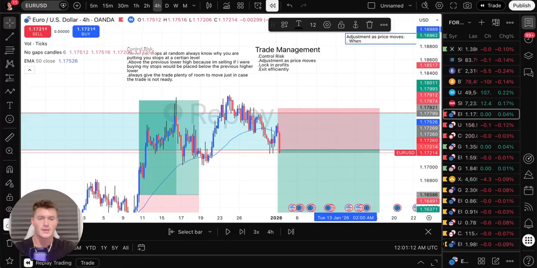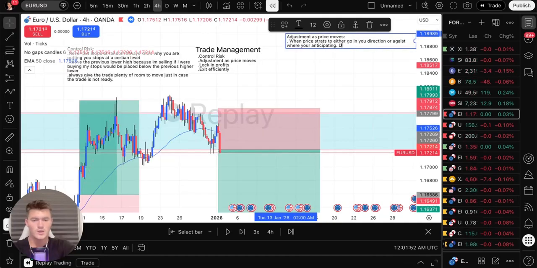So when price starts to either go in your direction or against where you're anticipating, this is where you are going to do absolutely nothing. You're going to let the trade breathe.